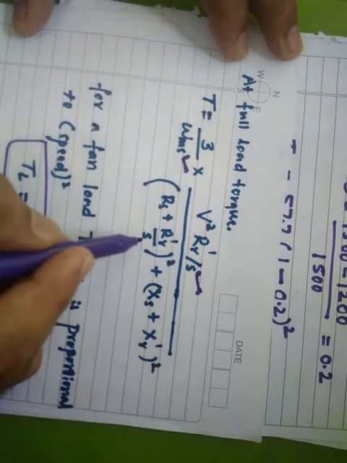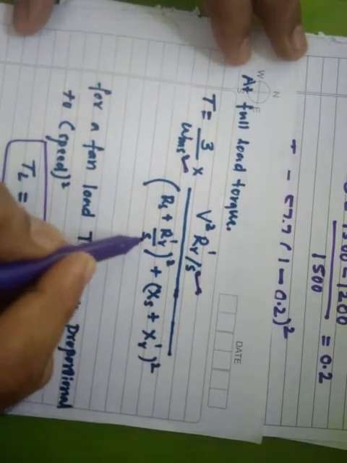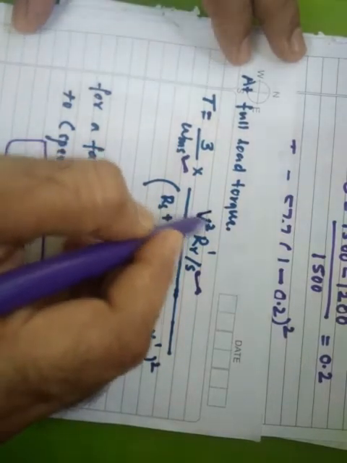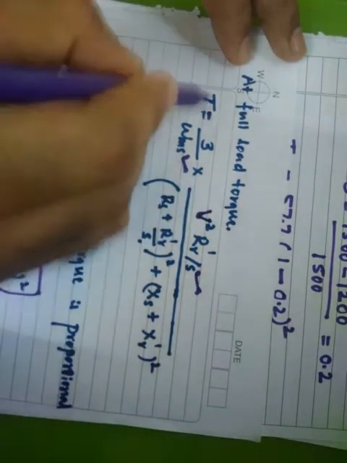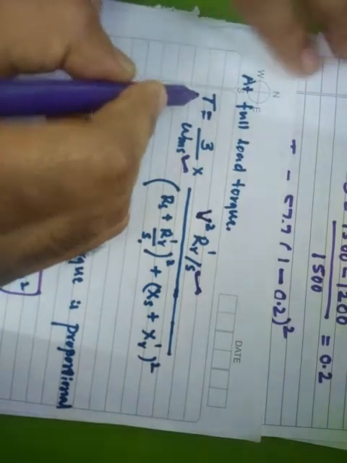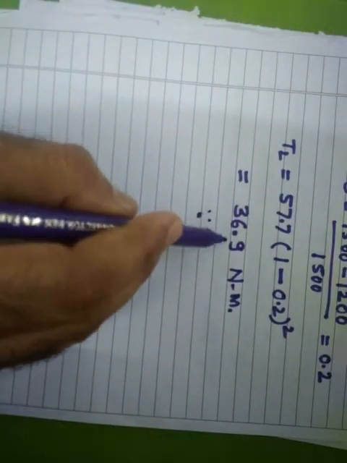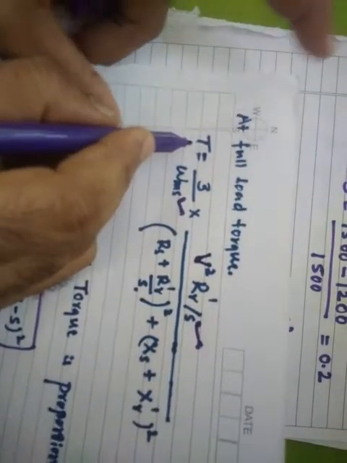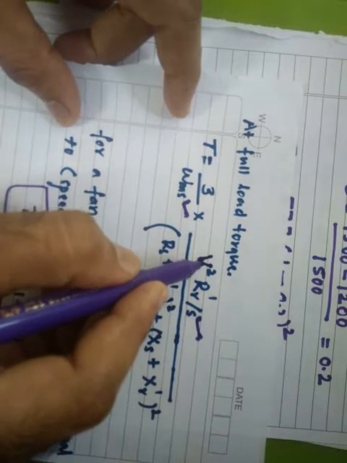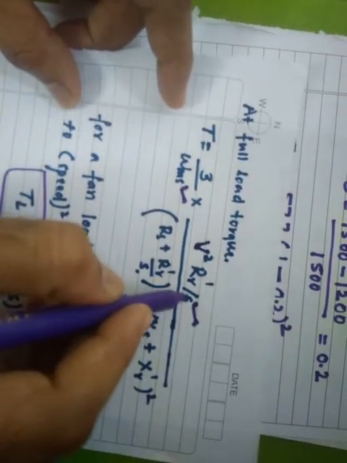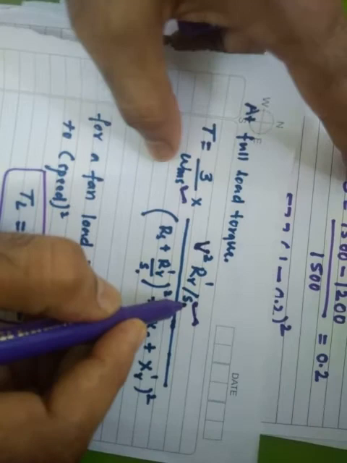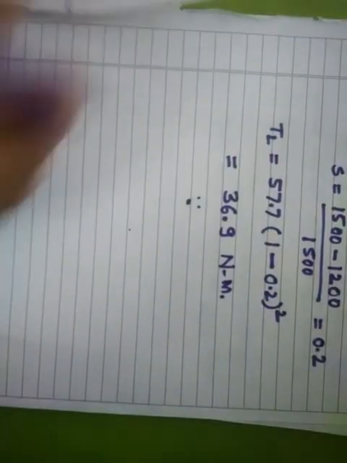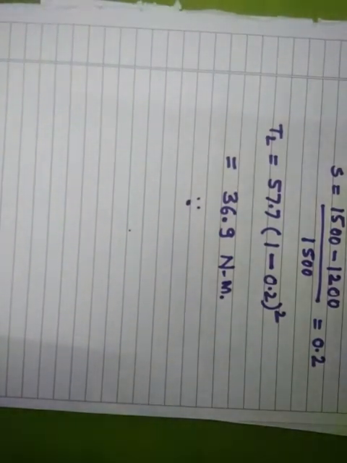The slip at 1200 rpm I am substituting, and the voltage I don't know, what is the terminal voltage at a particular torque, because torque I know, I just calculated the torque 36.9 Newton meter. I am substituting the torque here and calculating the voltage. Now I will substitute all the values.